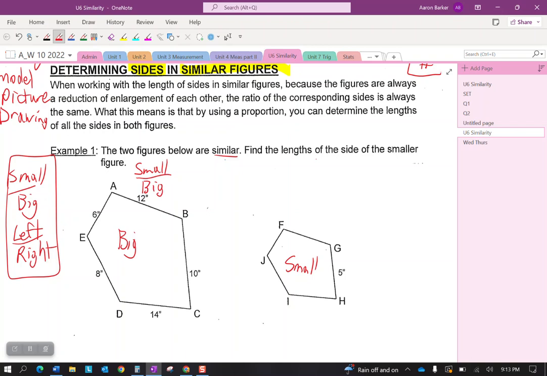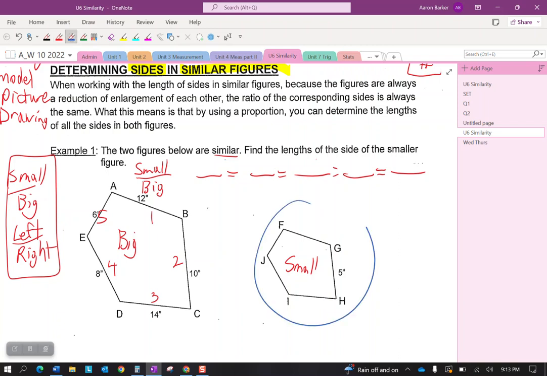And then we have 1, 2, 3, 4, 5 sides on this figure. So we're going to create 1, 2, 3, 4, 5 fractions. We can do this before we even get started without thinking about anything. And then we'll put the numbers for the small side on top.